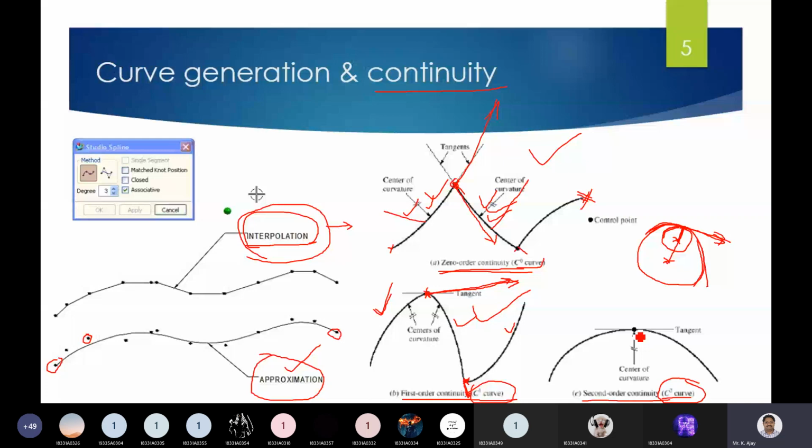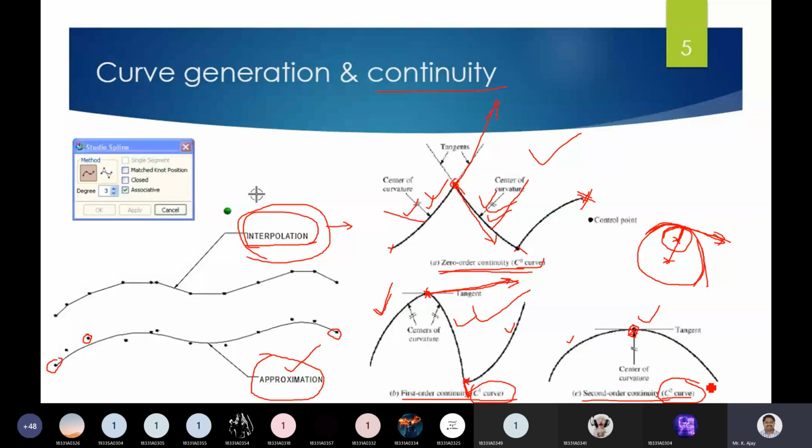This curve is much smoother compared to the previous two curves. More than second order continuity, people generally don't go for third or fourth order unless a very particular requirement is there, like curves related to camshafts or turbine blades. Very few applications require much higher order continuity, but otherwise in general second order continuity would be more than sufficient.